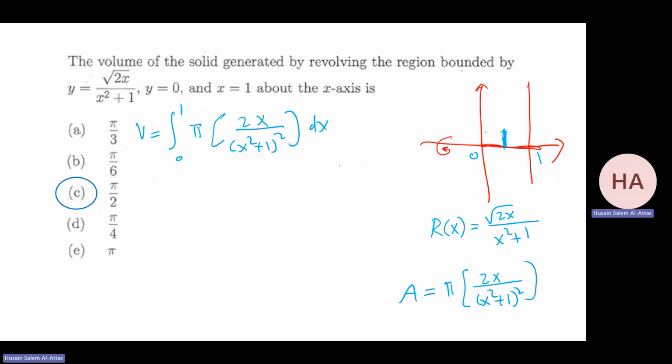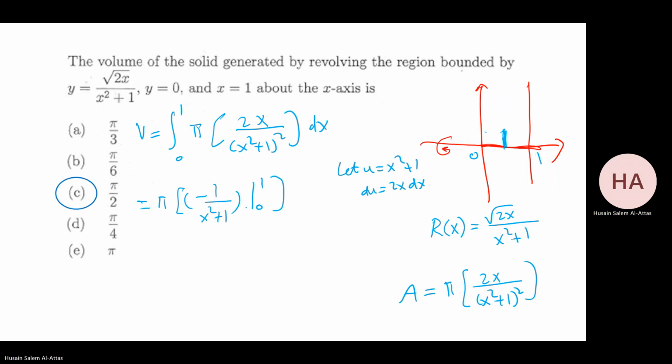I need to integrate this. I let u equal x squared plus 1. du will be 2x dx. Ready. So that will be pi, what is that? I can't do it without doing u. That's 1 over u to the power minus 2, which means minus 1 over u from 0 to 1.